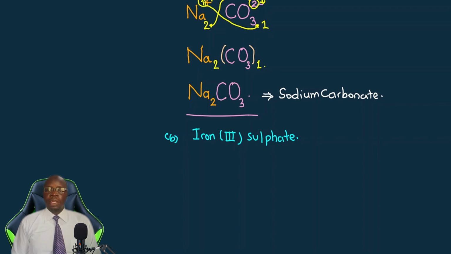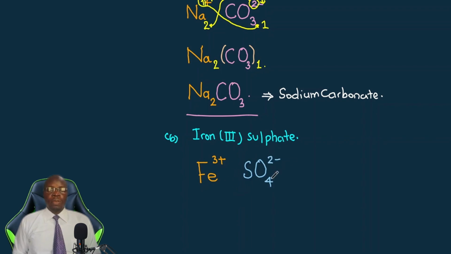So we can see that the first one, iron 3, can be written like this with 3, and since it is from group 3, it has lost 3 electrons in its outermost shell. So that is why we're given here 3 positive. Now let's match it with the next one, and that is sulfate.